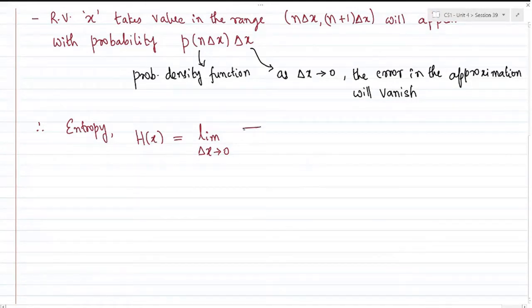Okay, since it is an average amount of information, the entropy deals with the average amount of information for all the values of n. So we need to take the summation over n of the probability that we have defined just before, which is the probability density function p of n delta x times the step size delta x, times logarithm of 1 over the probability. Okay, the same definition that we have defined earlier.